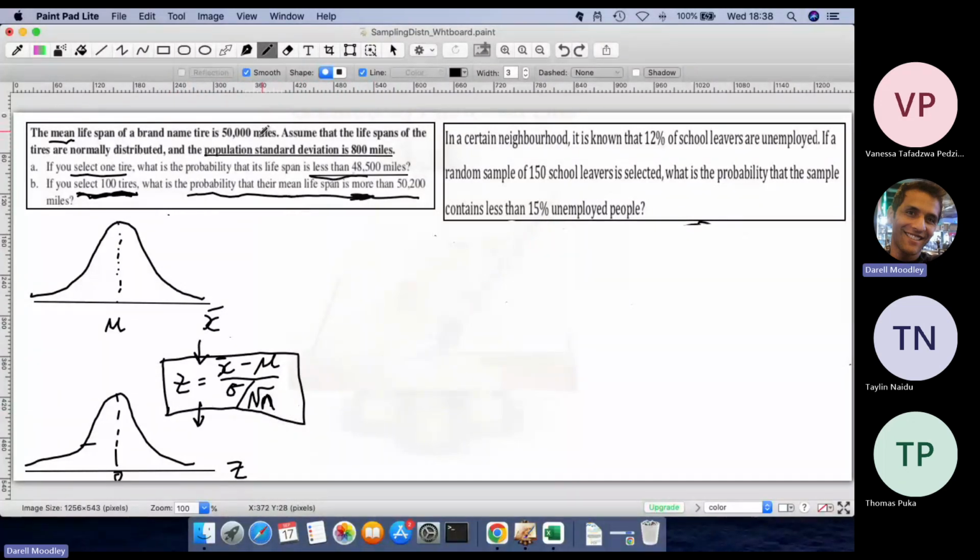Now, because X bar is an average, instead of an average, you can be presented with a proportion. That means a percentage of people. So for instance, percentage of people that smoke, percentage of people that drink, percentage of people that gamble. It's not an average, it's a percent, right?